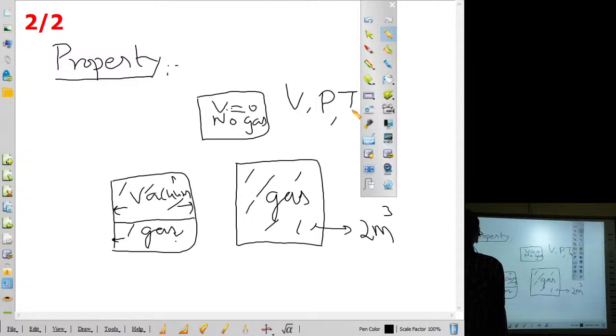Like that, there are totally 7 fundamental properties. One fundamental property is the Kelvin. Another fundamental property is the ampere, which is one current, and so on. All these 7 fundamental properties we are also going to study later on. So you have now got a clear idea about the word property.